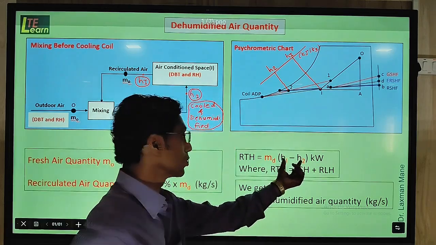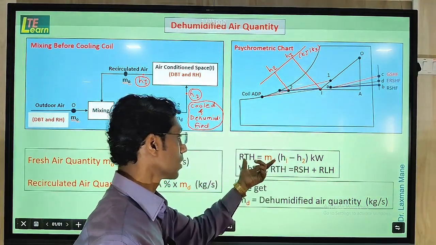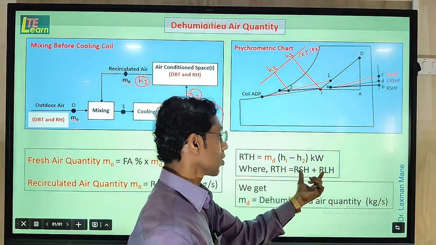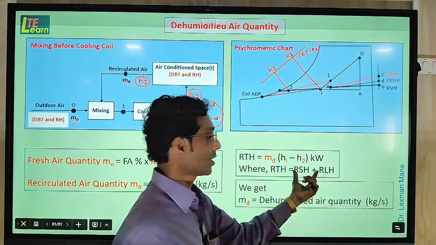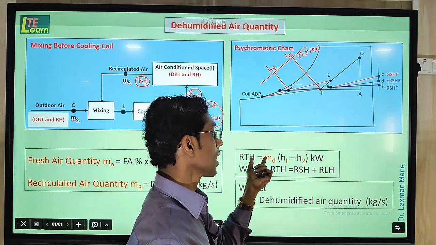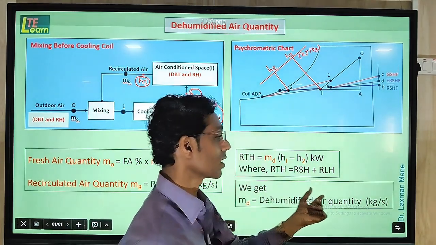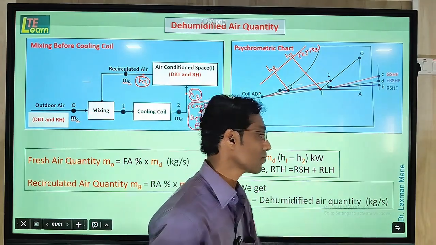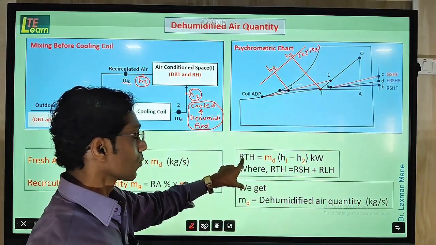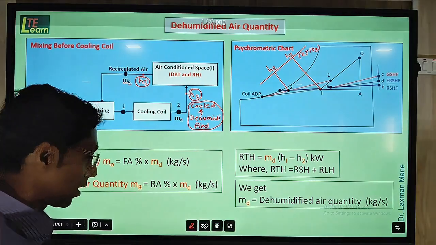These enthalpies we use in this formula. RTH means room total heat, in the form of RSH and RLH, that is given data, so we put it here. The unknown is m dot D, the dehumidified air quantity, in kilogram per second. By this procedure, we find the dehumidified air quantity.